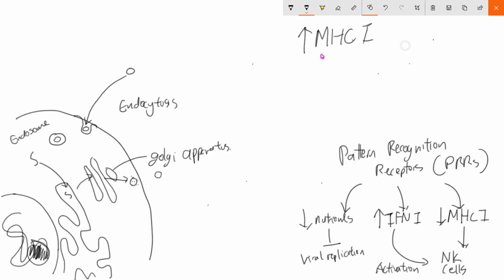Another thing your Zika virus does is, in the case of your type 1 interferon, it inhibits the translation of your type 1 interferons. It does this by inhibiting the activation of receptor-associated kinases, JAK1 as well as TYK2, which are used for the phosphorylation of latent transcription factors.